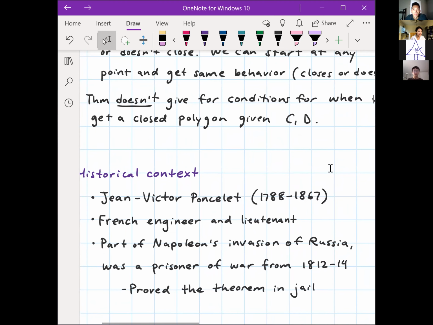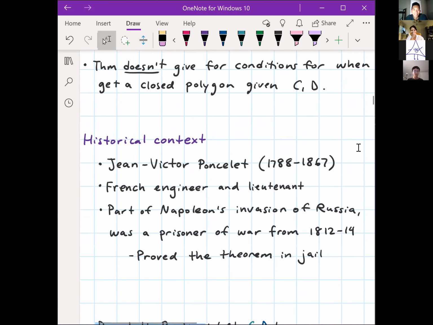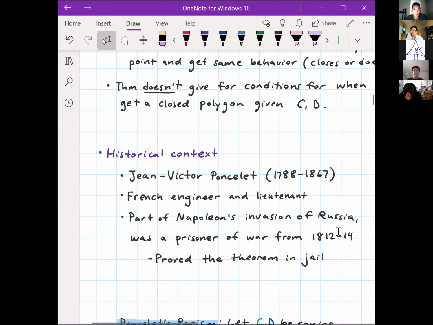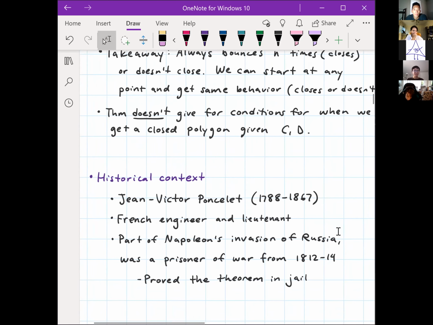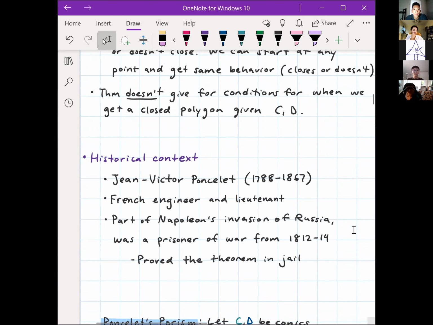And I think the French actually got kind of wrecked by Russia. And so Poncelet got captured and he was a prisoner of war for 2 years in Russia. And while he was in jail, he proved this theorem. So he had a lot of time to think about math while he was in jail. So that's kind of an interesting story.